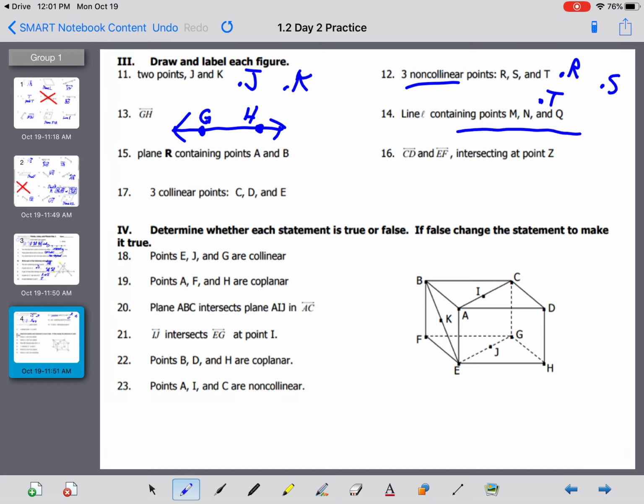Line L containing points M, N, and Q. So draw your line, give a little script L, and put your 3 points, M, N, Q. Plane R containing points A and B. So here's plane R containing points A and B. Line CD and line EF intersecting at point Z. So CD.